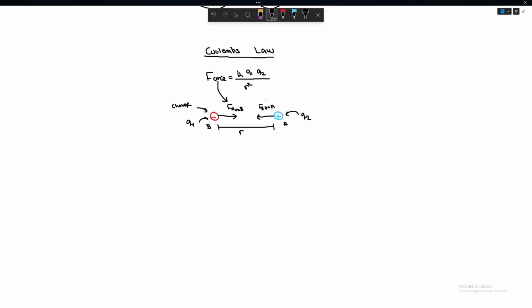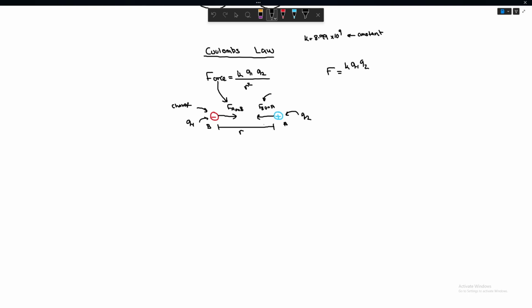So if I only want to find one force, just this one force, what I'll say is F equals my K, which is a constant. K equals 8.99 times 10 to the 9, and it's a constant. All right, so all you'll need is your Q1 and Q2.